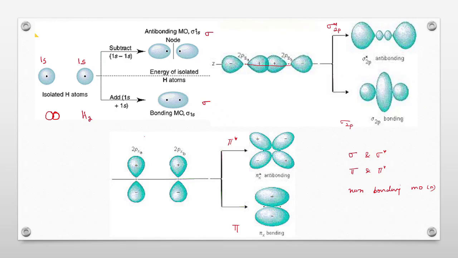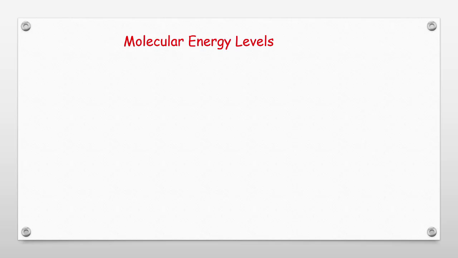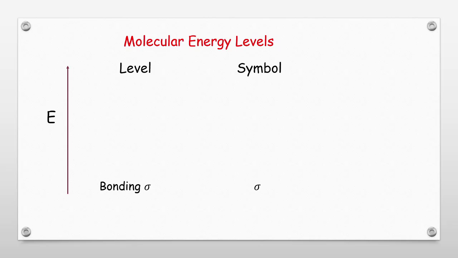Now transitions take place between these molecular orbitals. The molecular energy levels can be represented in increasing order of energy. Lowest energy is for the bonding sigma, represented by sigma. Highest energy is for anti-bonding sigma, represented by sigma star. Bonding pi has energy more than the bonding sigma.